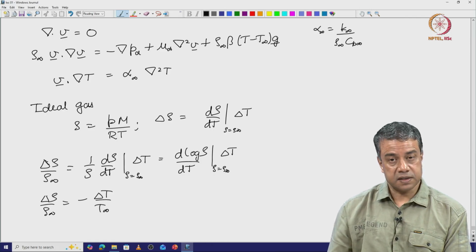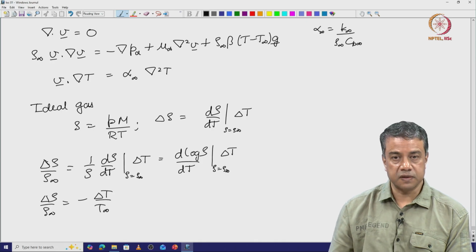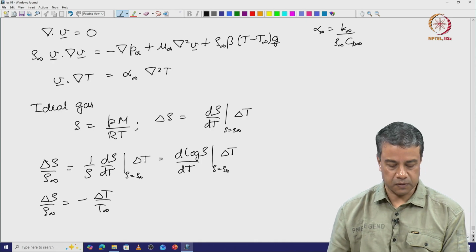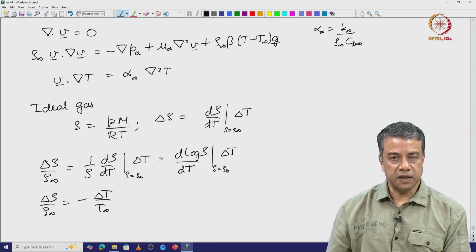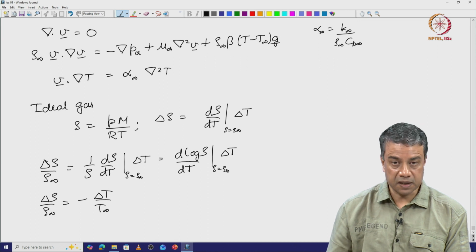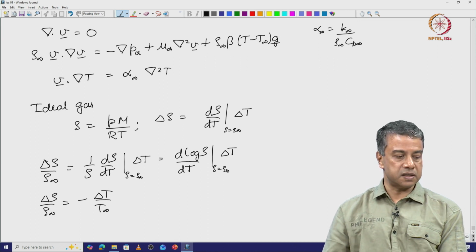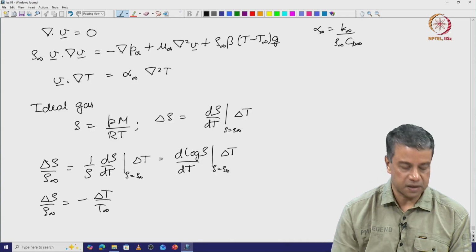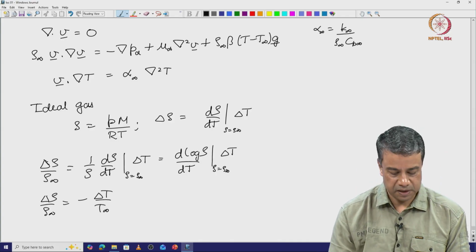For an ideal gas, delta T is the temperature difference between the object and the ambient fluid. T infinity is the temperature in the ambient fluid in Kelvin. Note that for the ideal gas law, the temperature is expressed in Kelvin.